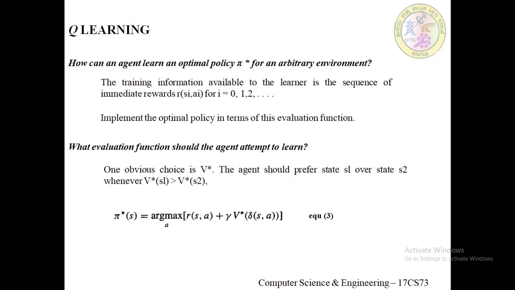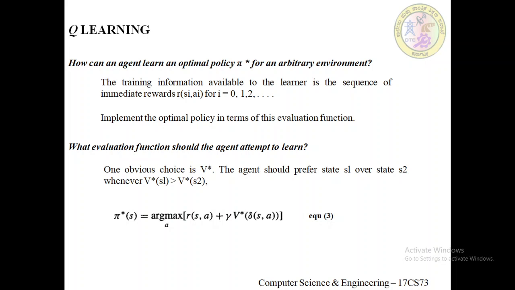In the previous session, session number 3, we learnt the reinforcement learning task. An agent's main functionality is to learn the optimal policy. For a given state, it has to perform some action in order to change the state. Based on the change in the state, the agent will get the reward.